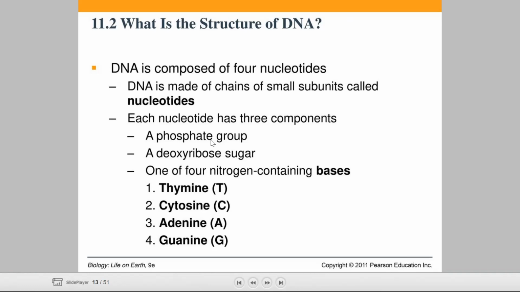The third one is the nitrogenous base. In a certain nucleotide, the nitrogenous base can be thymine, symbol T, or cytosine, symbol C, adenine or guanine. Adenine is A, guanine is G.